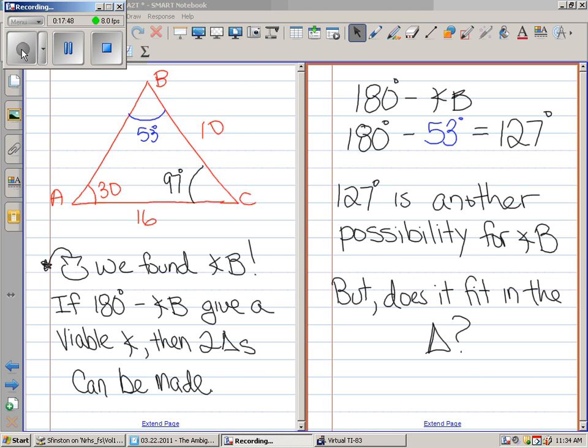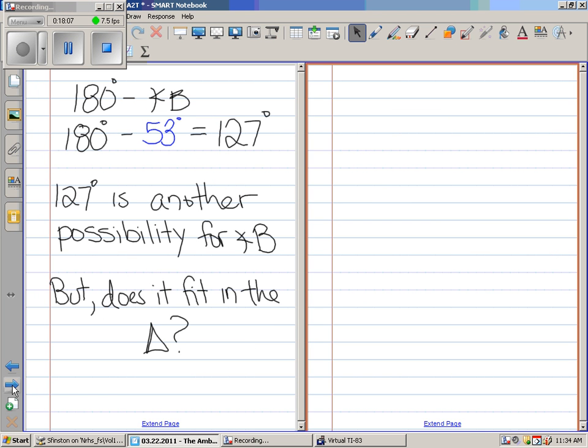So 127 is another possibility for angle B. It was a hidden option. It's found by doing 180 minus 53. All right? But we have to check whether this other hidden option for B, instead of it being 53, it being 127, will still fit in the triangle.